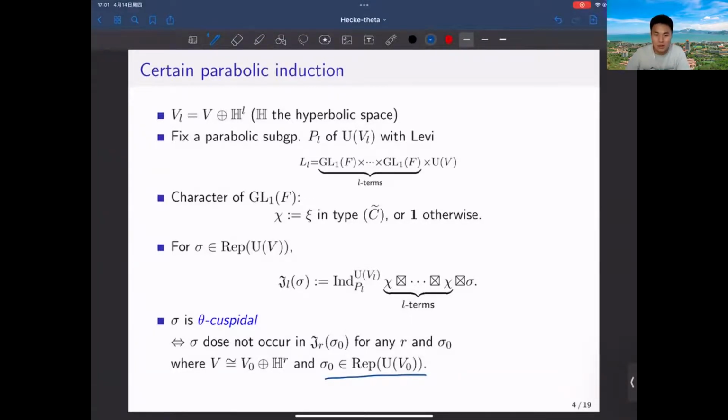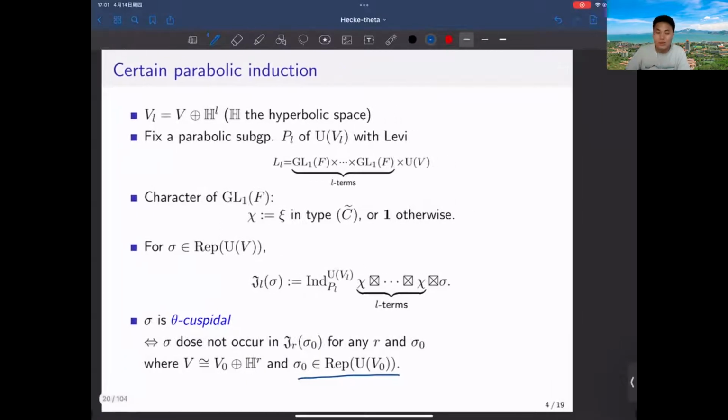Okay, so this is the definition of theta cuspidal.